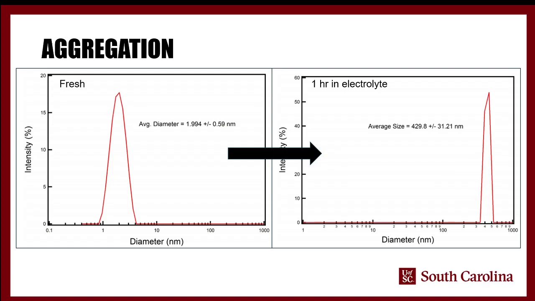After 1 hour, you do have very stable aggregates. Actually, this was not crashed out of solution. These were very happily still suspended in the solution, but the aggregation was there.